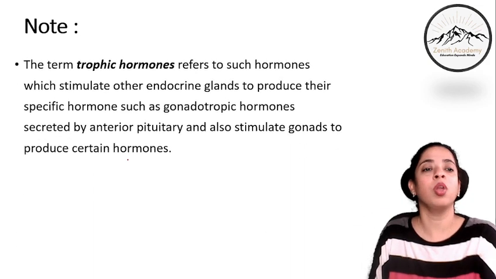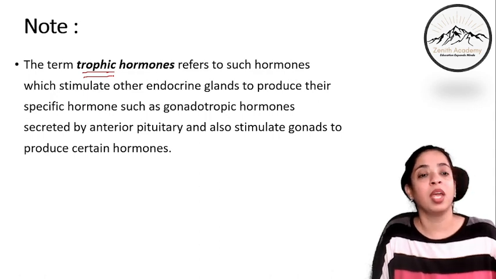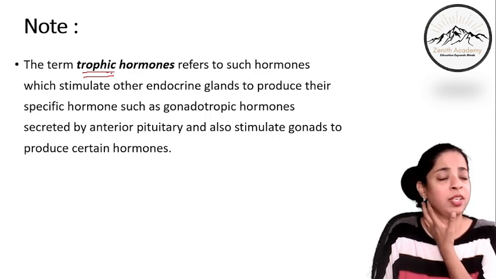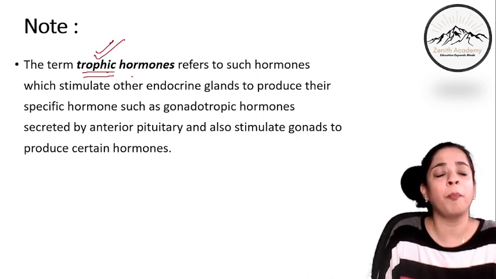Please note this, all of them, we have used the word tropic behind them, right? Gonadotropic, adrenocorticotropic, everywhere we have used the word tropic. So what does tropic hormone refer to?